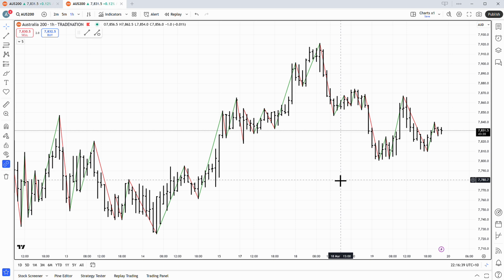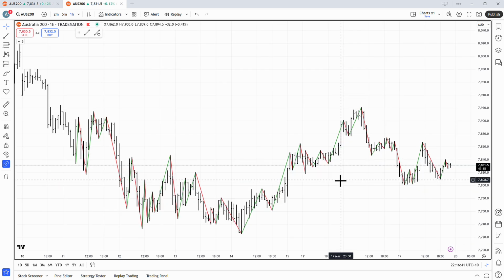What I wanted to do was to show you a really simple technique that some traders use in their day trading. So we're talking about opening and closing a position within the same day or within the same session. These are hourly bars. And what I'm going to do here is to put the Fibonacci retracement tool on.